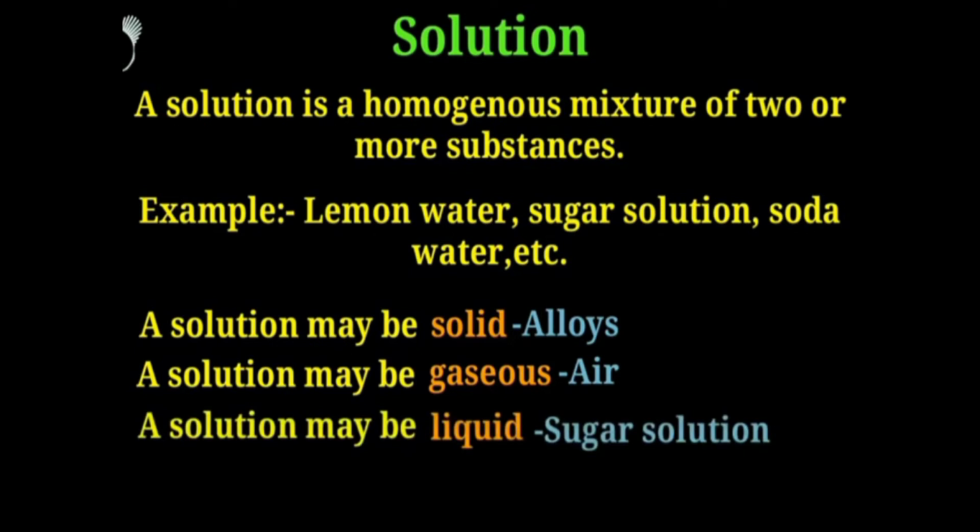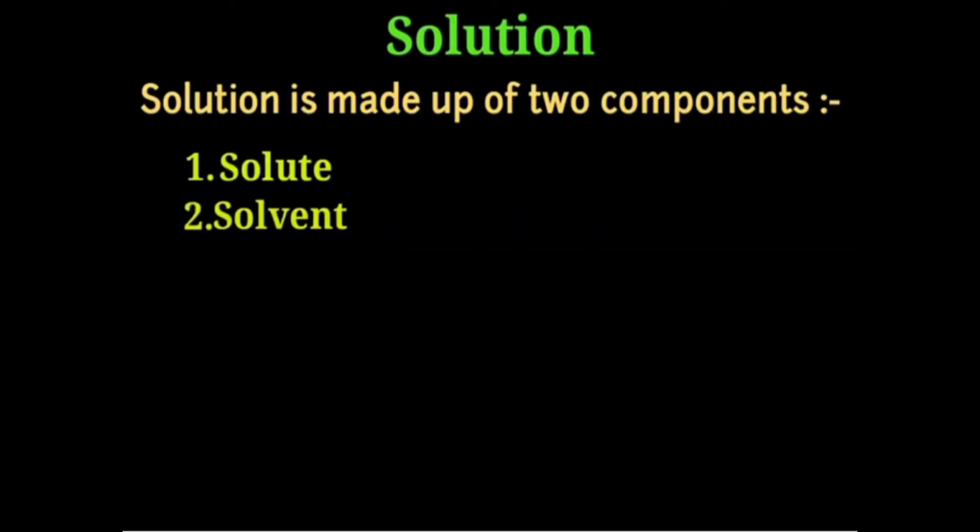For example, lemon water, sugar solution, soda water, etc. A solution may be solid, like alloys, gaseous, like air, or liquid, like sugar solution. In a solution, there is a mixture of two or more substances, but that mixture is homogeneous.